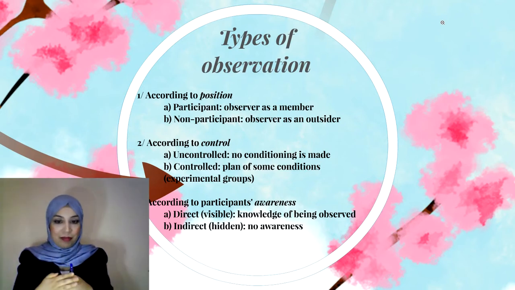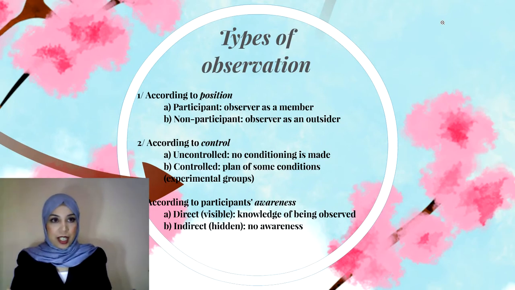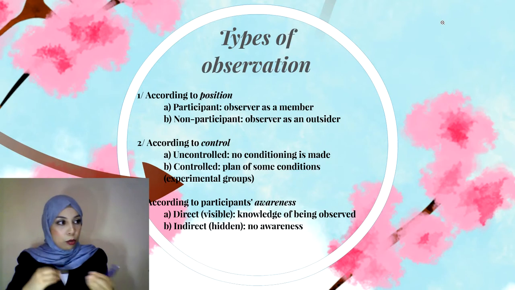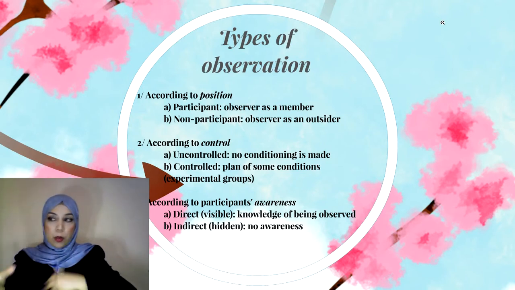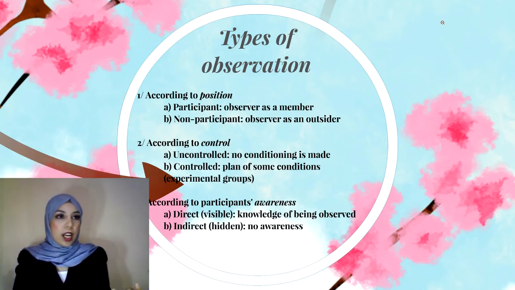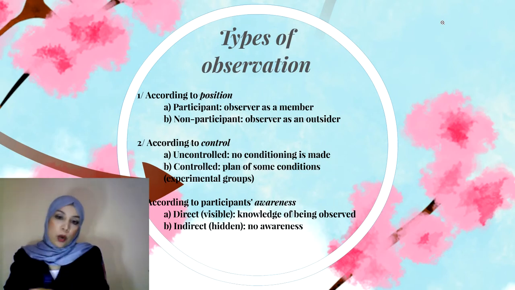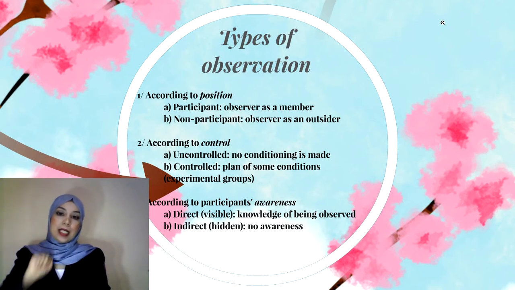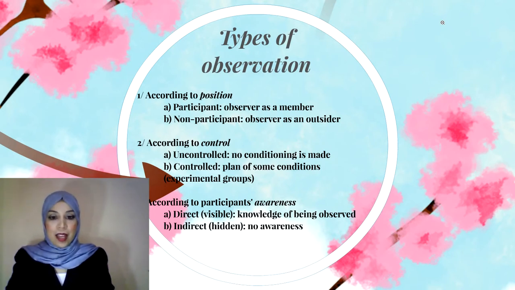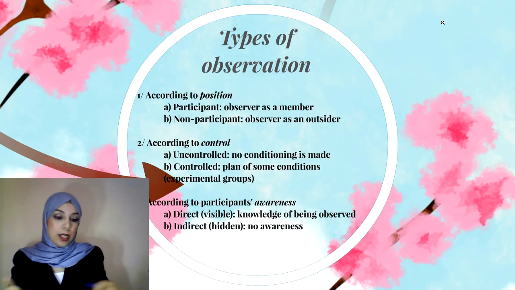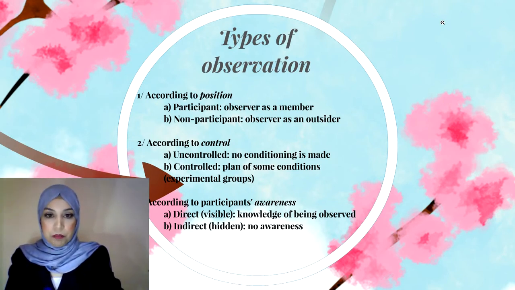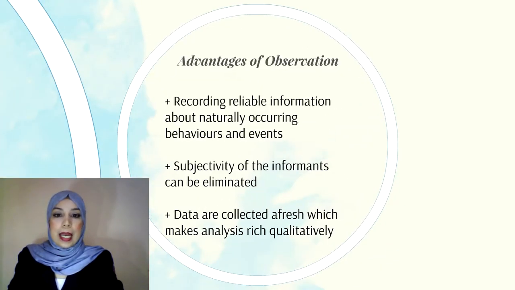But in non-participant observation, you are an outsider. That is, you just see how people behave in this community without taking part, without interacting with them, without speaking with them, without sharing the same social realities with them. So these are the three types of observation that one can use while selecting observation as their research instrument.